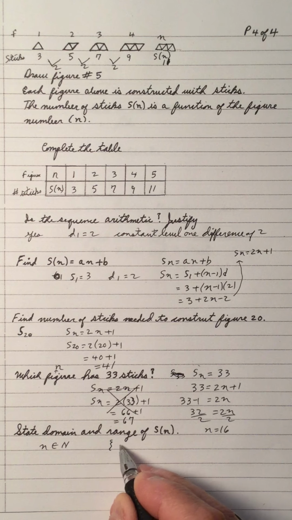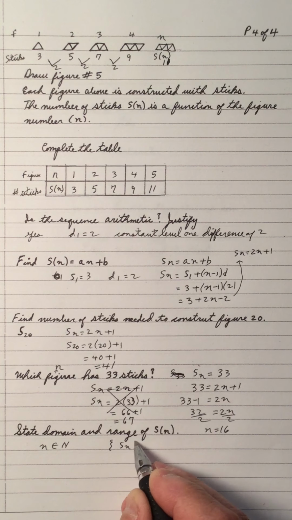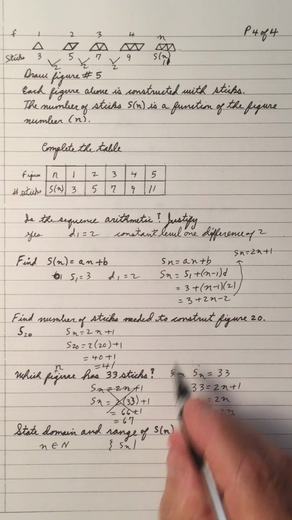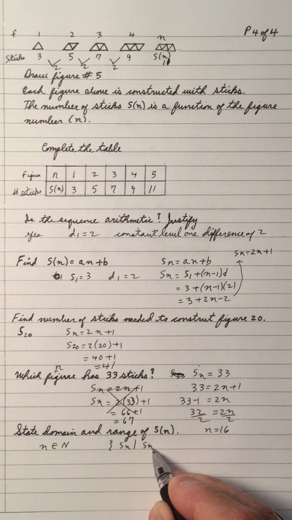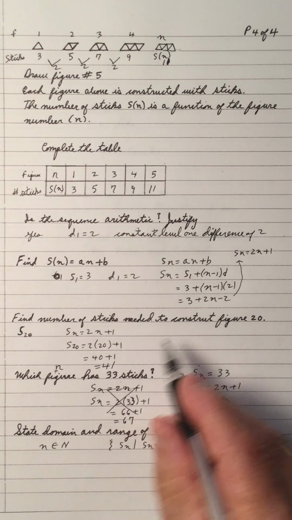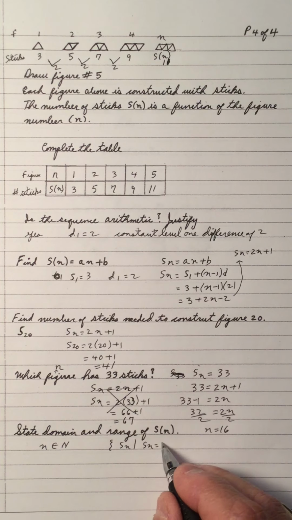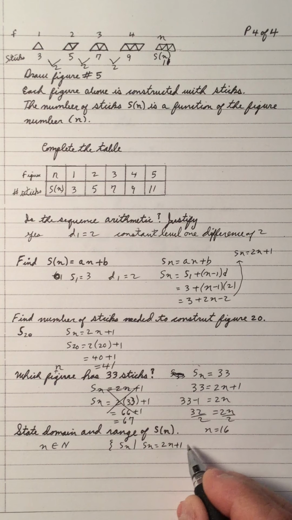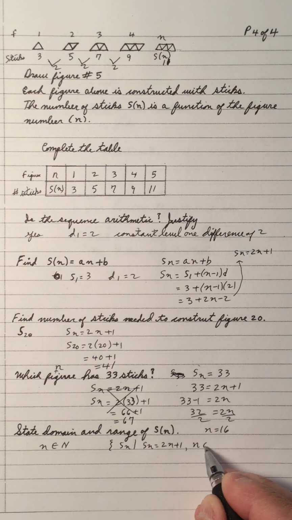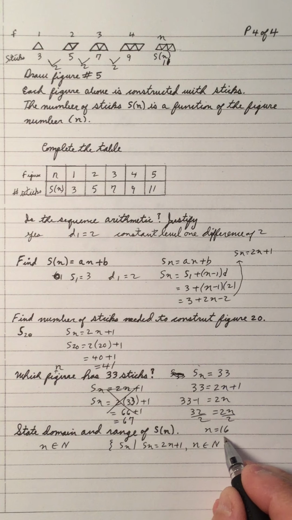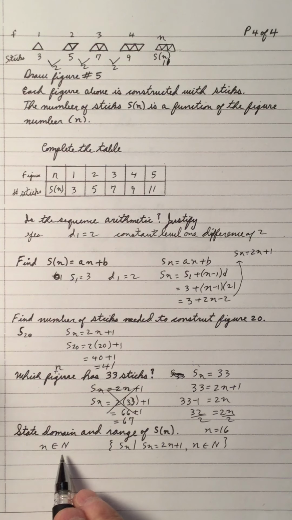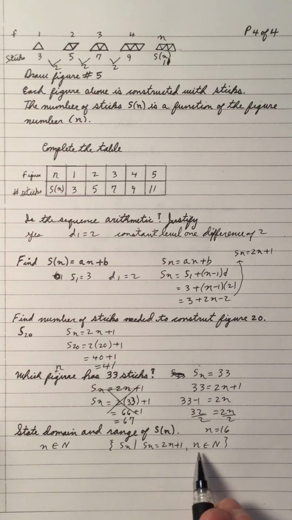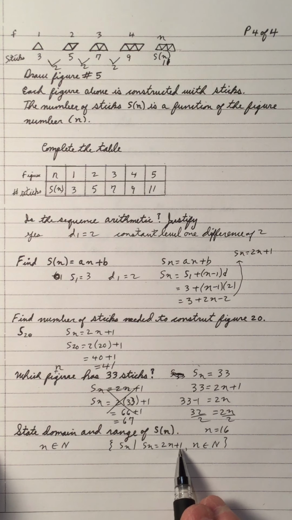So the range is Sn such that Sn equals 2n plus 1, where n belongs to the naturals. So the domain is the natural numbers, and the range is the equation, Sn equals 2n plus 1.